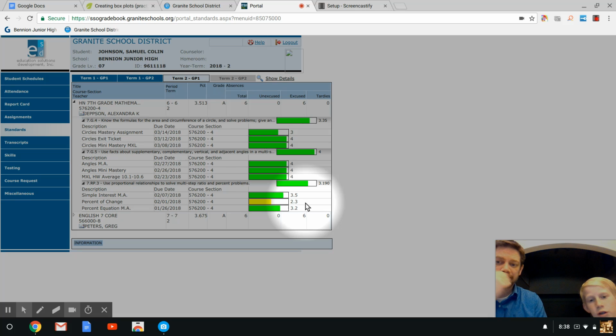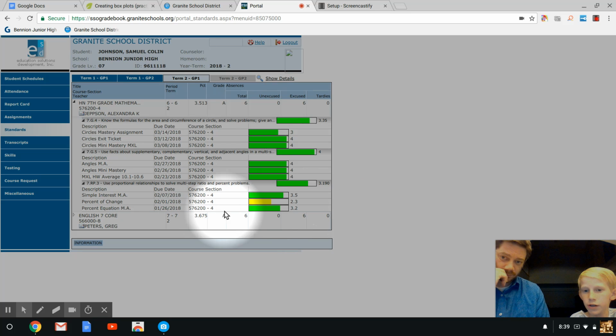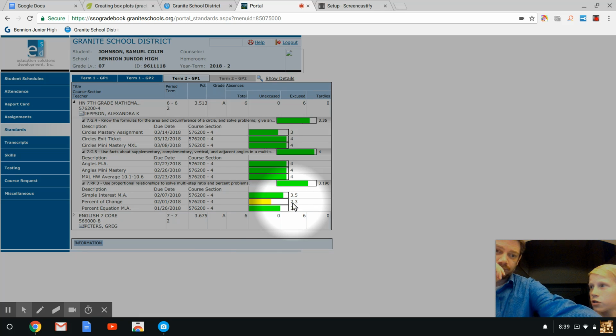My teacher, Ms. Jepson, says that before we can retake the standard, we have to go on Math Excel, a training math site, and then prepare for the test and do all of the assignments related to this percent of change, and then get our old test and correct all of the incorrect answers on that. And then if we do that, then we will be able to retake this test.